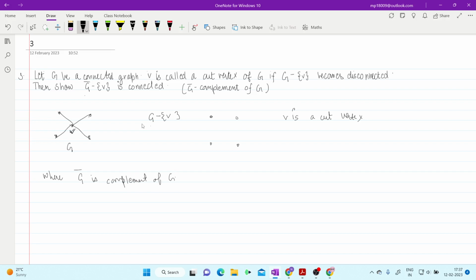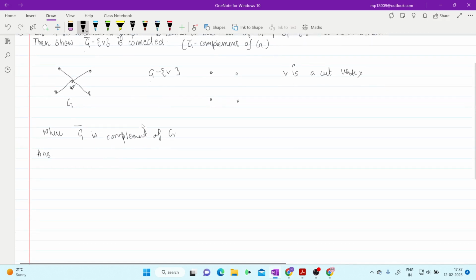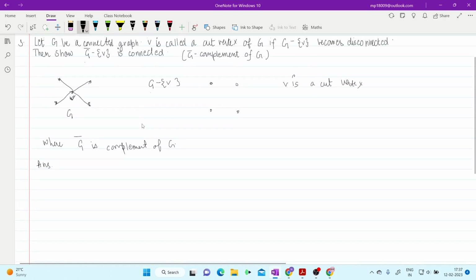First of all, we have a cut vertex V, and suppose for the time being, let's assume G minus V has two components.